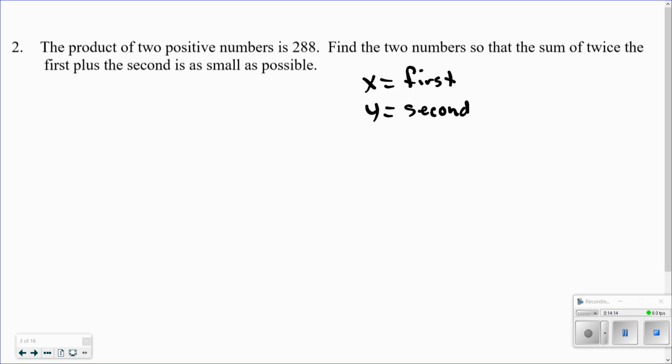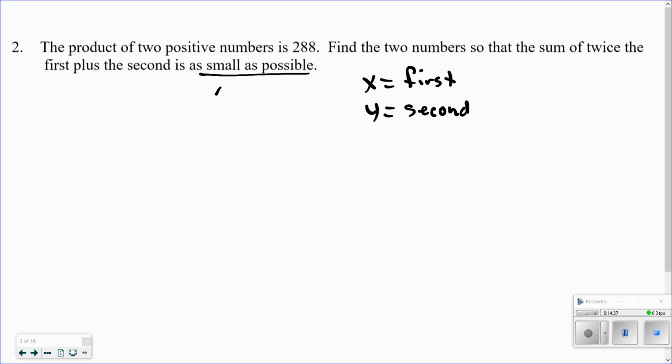The second part is to come up with the equation that gives us what we're trying to maximize or minimize. So read the problem again. The product of the 2 numbers is 288. Find the 2 numbers so that the sum of twice the first plus the second is as small as possible. This is really important. It doesn't say max or min, but it does say as small as possible.